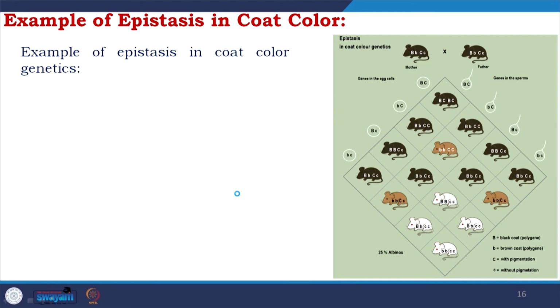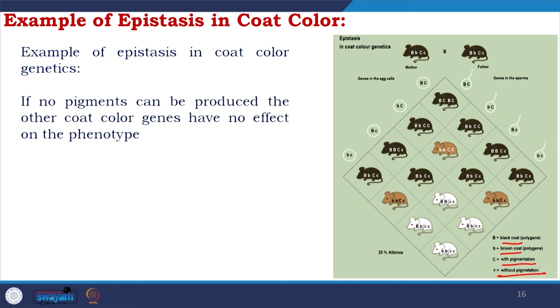When I say dominant, it means this big B is for black coat, this small b is for brown coat, this big C is with pigmentation, small c is without pigmentation, which you will see here.